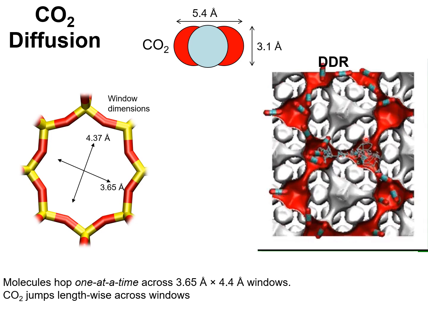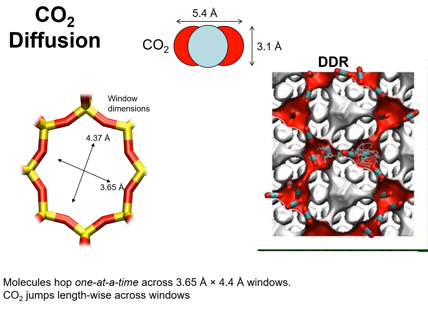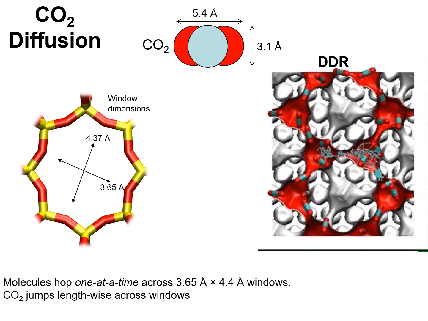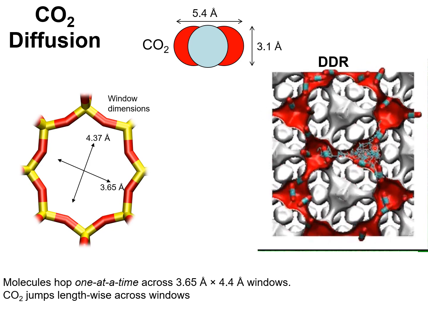It's attempting to cross this window, but it has returned to this cage. And now that same molecule is trying to cross this window and has not been successful so far and has returned to this cage.